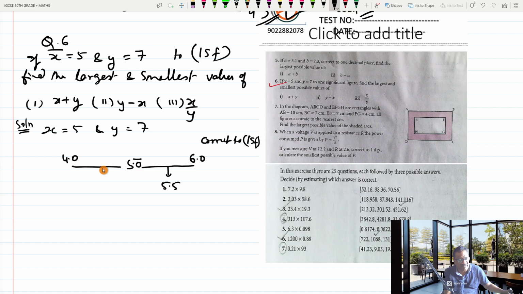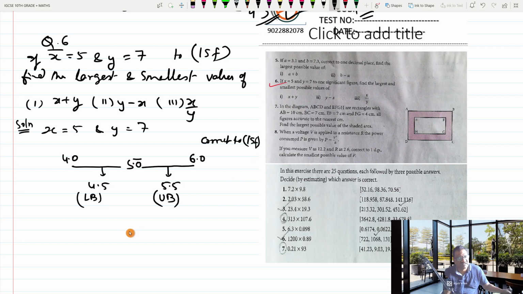So this is your upper bound, and this is your lower bound. Understood? For 1 SF, the upper bound will be 5.5 and the lower bound will be this one.